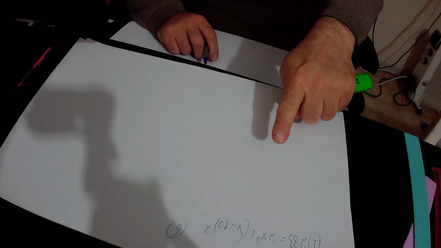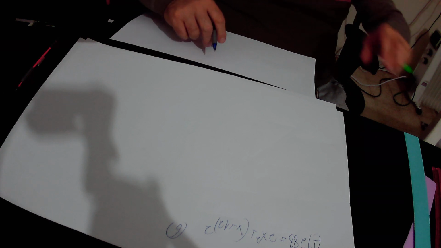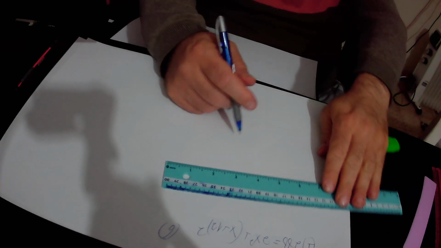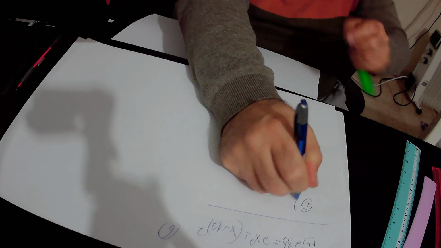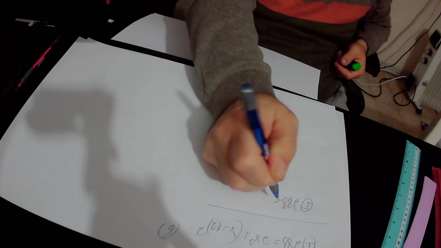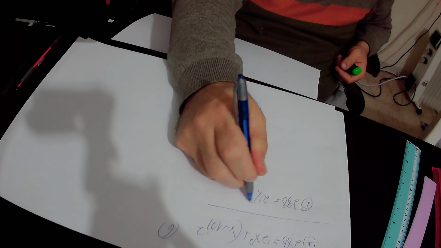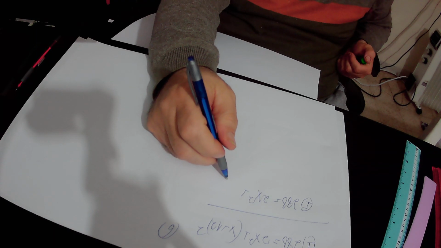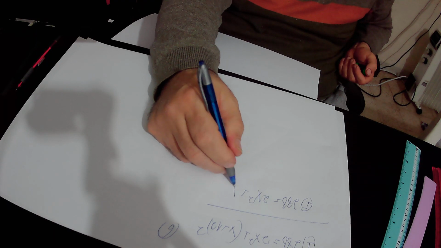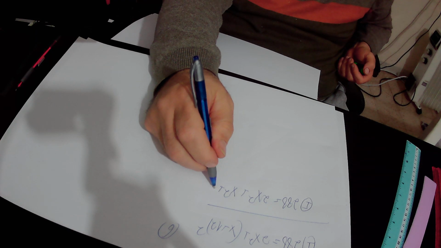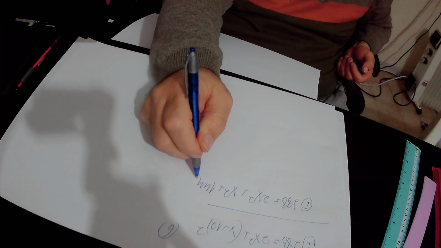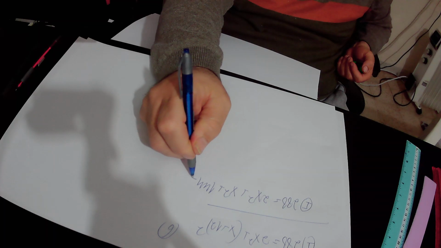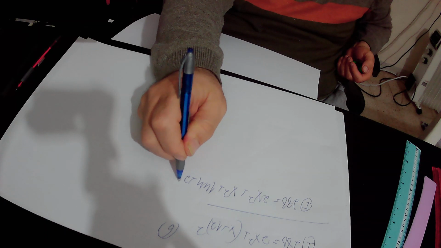Here we'll open the brackets on this side of the equation, and we get that according to equation 1, 288 equals 2x squared plus (x plus 12) squared, which is x squared plus 12 squared, that is 144, plus 2 times x times 12, which is 24x.